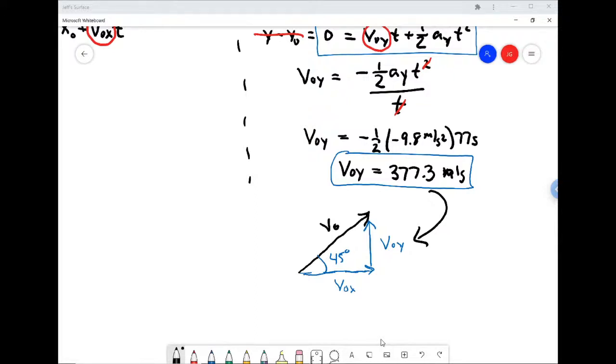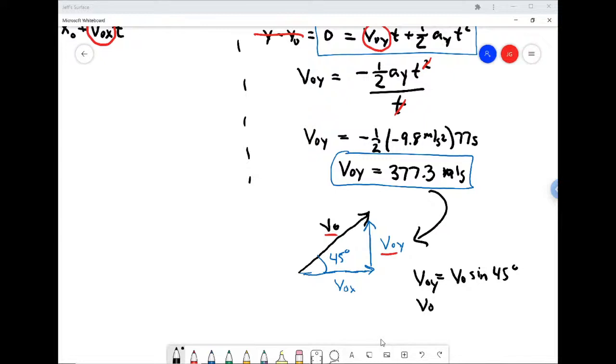We know that V naught y is V naught sine of 45 degrees. That comes from trigonometry. The sine of 45 degrees is opposite over hypotenuse. This over that. You just rearrange that equation and you get this.